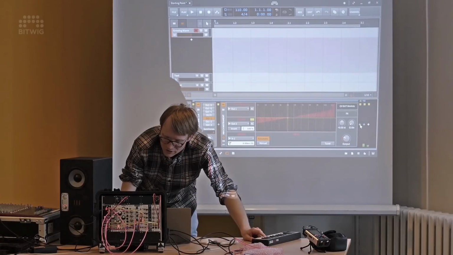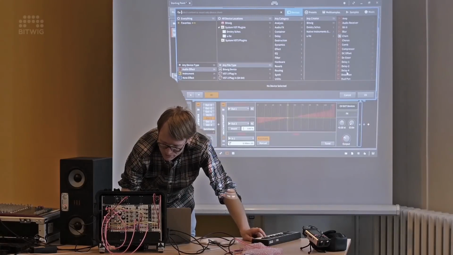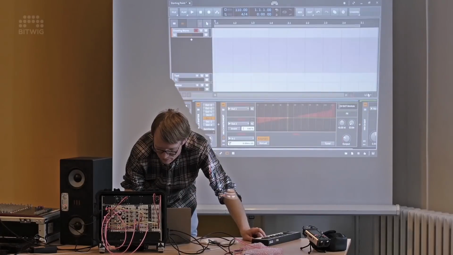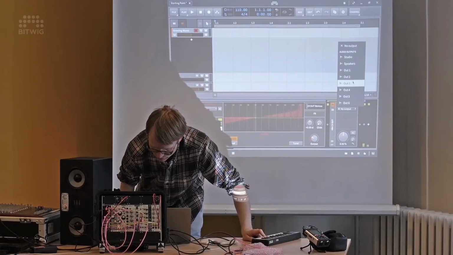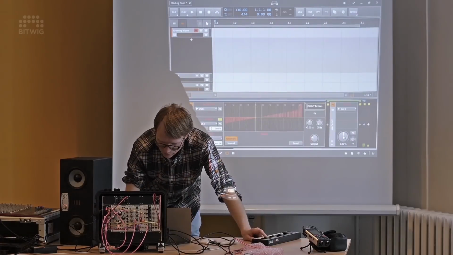Now, just as we were bringing a control voltage signal from there into the software, we could go in the opposite direction. So why don't we go ahead and use output 3.